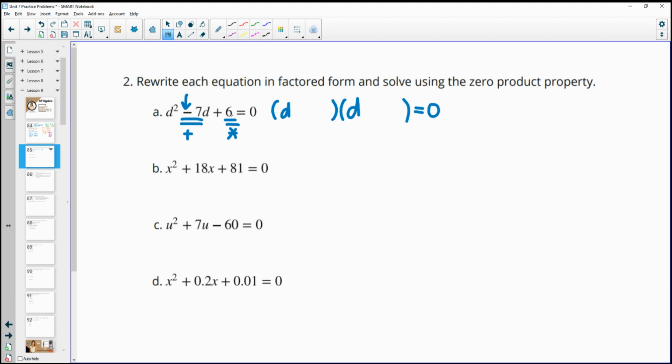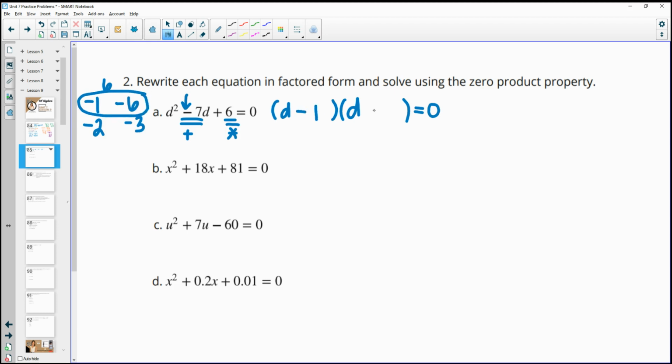So we need two numbers that multiply to 6 and add to negative 7, and you can do a factor list off to the side. You could say negative 1 and negative 6, negative 2 and negative 3. Those are the only things that multiply to 6, and these are the ones that add to negative 7.